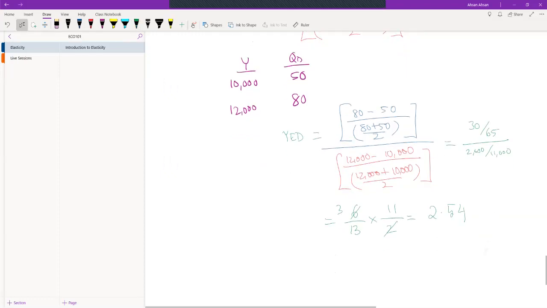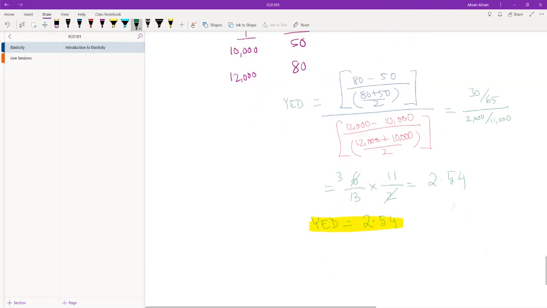2.54. Okay, so once again, calculating YED is pretty straightforward. What is important is for us to be able to analyze this figure. What does 2.54 mean? So you need to write that down again.